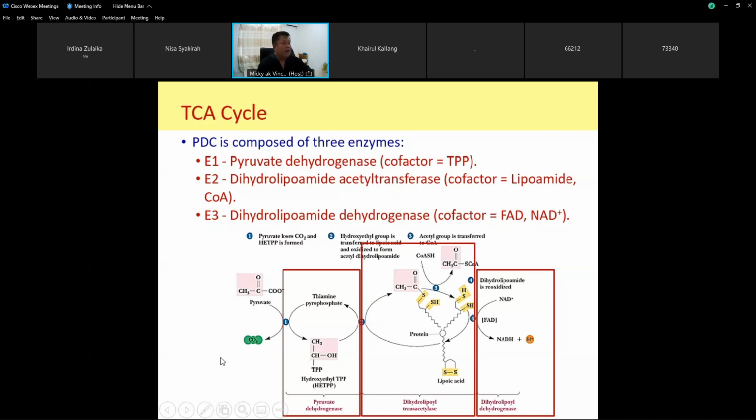Then it will undergo the first enzyme complex, the second enzyme complex, where it will eventually become acetyl-CoA dekat sini. Acetyl-CoA dihasilkan, and at one part of the pathway, NADH akan dihasilkan. So the main product that we're interested in now is the acetyl-CoA, which is basically after the second enzyme lah. Cuma E3 ni diperlukan jugalah, but to produce the NADH.